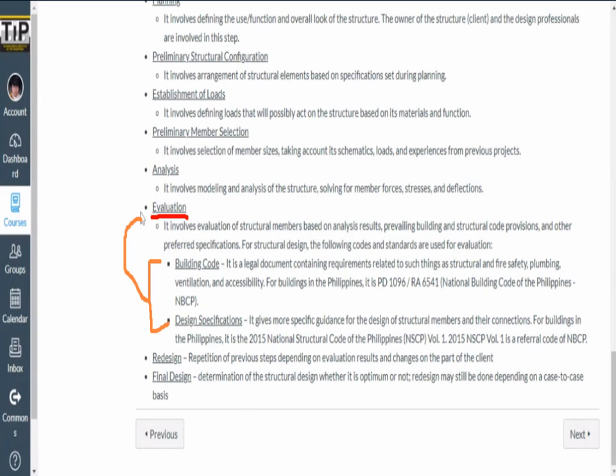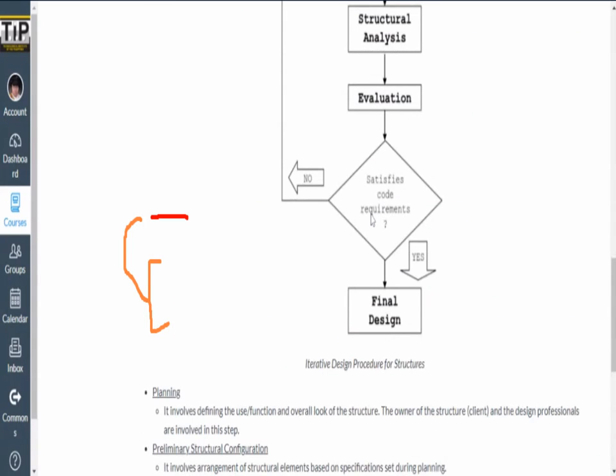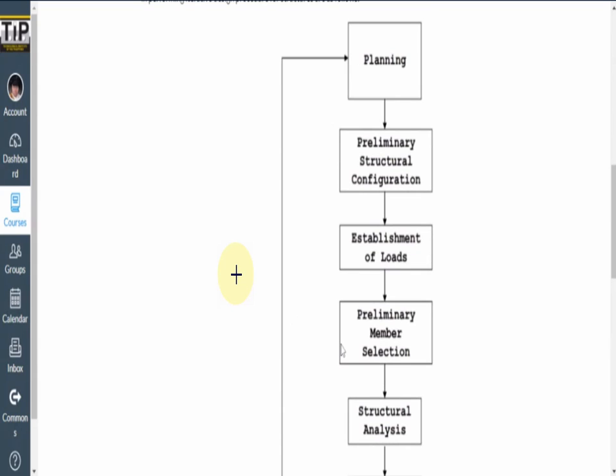Now, once we have checked, the design may not be adequate for some reason. So there is a decision part here. Do all members and connections satisfy code requirements? If it is no, then you may go back to any of the steps here.